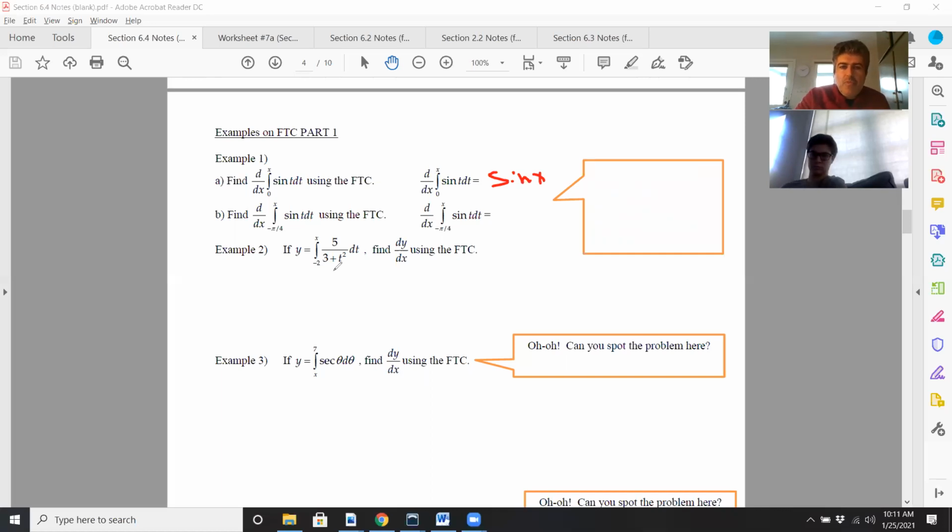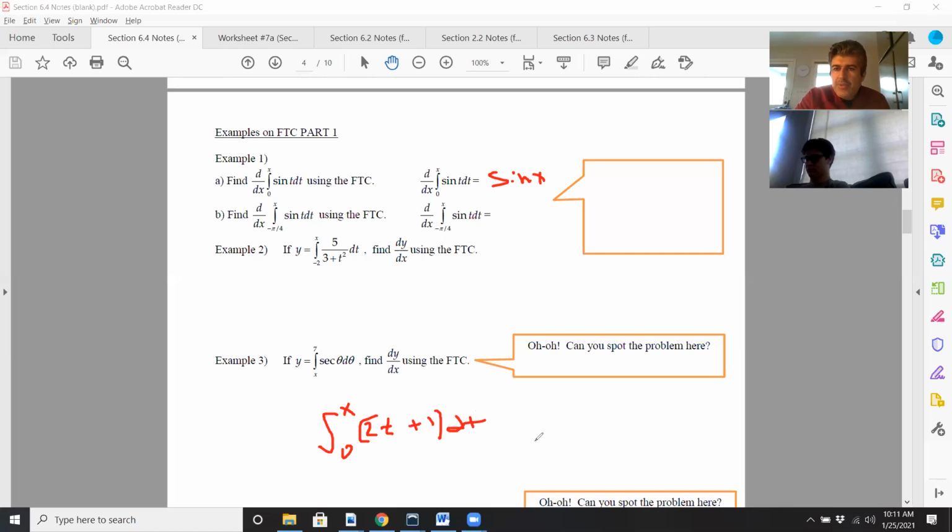So, for example, what if I integrated, just so you guys can see this a little bit more clearly, this is just a quick aside from the examples. What if I integrated from 0 to x of, say, 2t plus 1 dt.